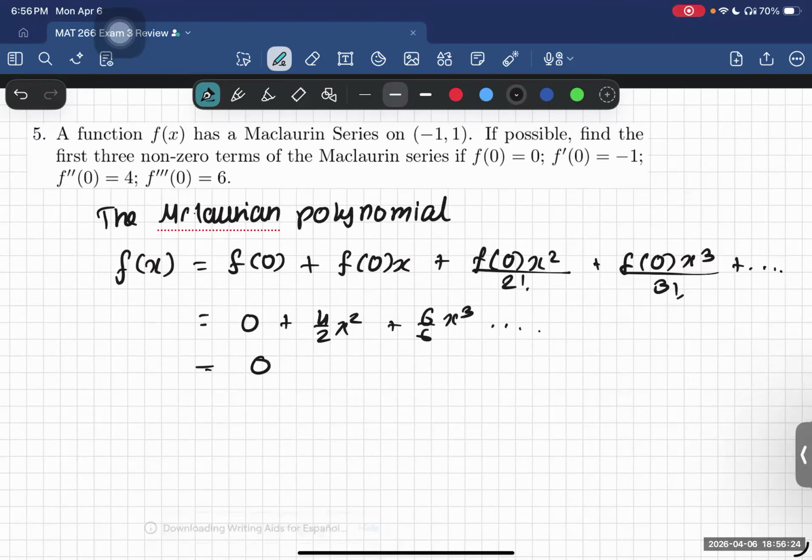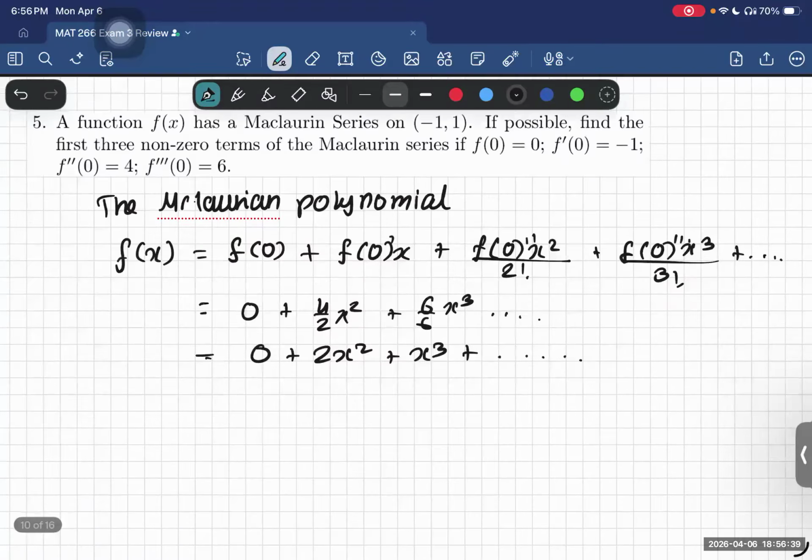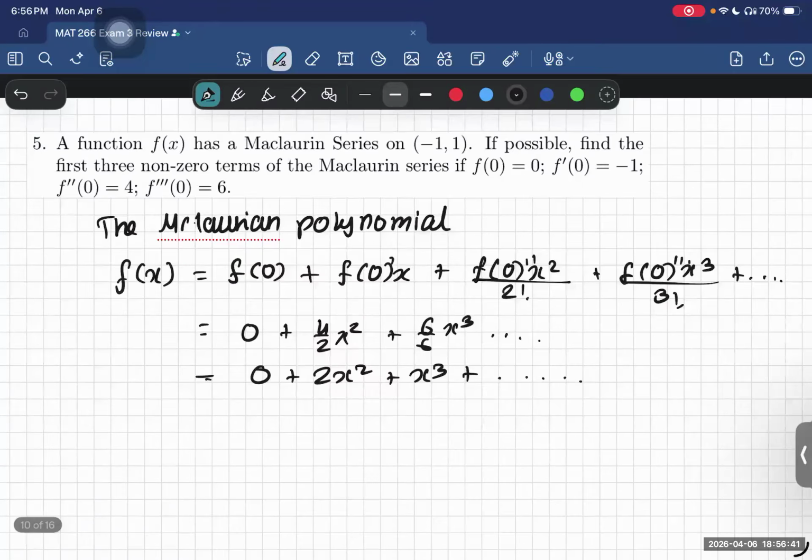So you can just simply write it as 2x squared plus x cubed and so on, right? So just follow this pattern and you'll get to your answer, okay? And yeah, this should have been derivatives, my bad. Okay, so f of 0 was 0, f'(0) was -1, it got converted, and then so on.